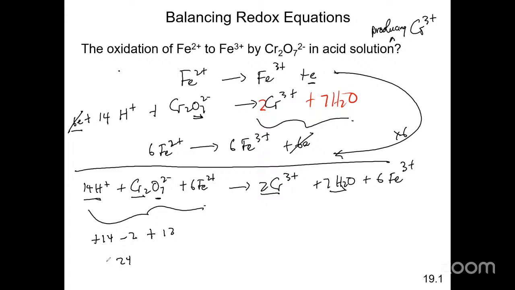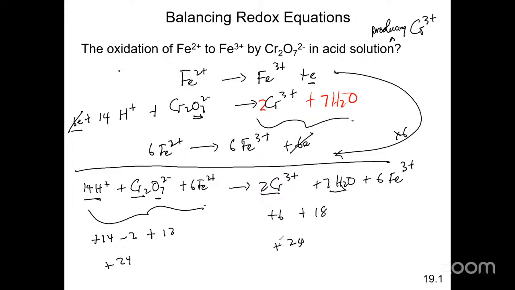And then on this side, we have plus 6, plus water has no charge, plus 6 times 3 is 18. So that's 24 as well. So the charges are balanced as well. So therefore, the equation is balanced. All right? Okay, any question about this example, right?